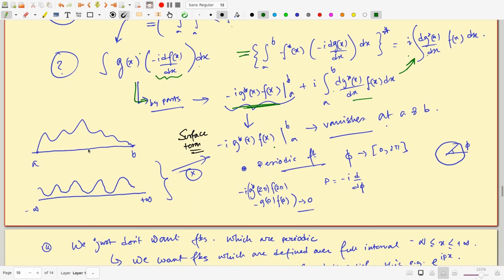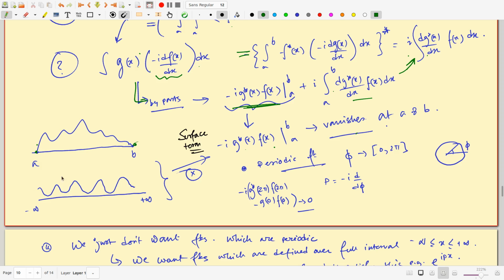Does it do that? At the beginning we said that our function goes to 0 at a and b, or at least goes to 0 somewhere earlier, such that it is 0 also here. If that is true, then it is okay, but that is not necessarily always true.